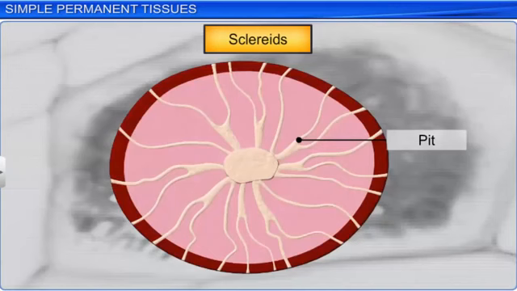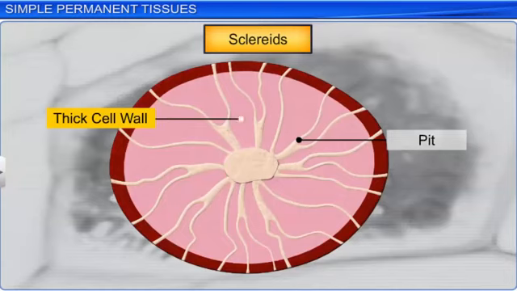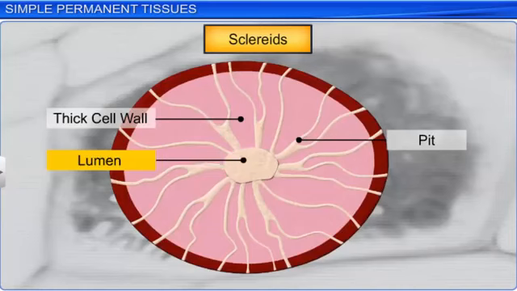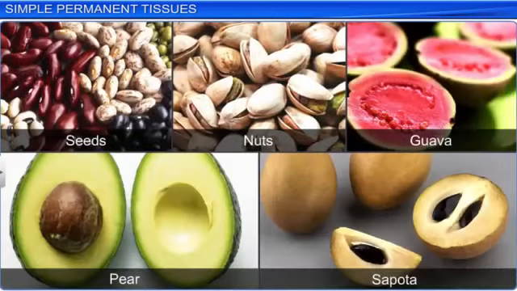Sclereids are short and thick-walled cells, generally spherical, oval, or cylindrical in shape. They are extremely thickened and have narrow cavities or lumen. They occur in the hard covering of seeds, the shells of nuts, and the pulp of fruits like guava, pear, and sapota.